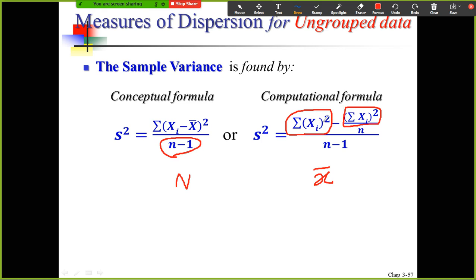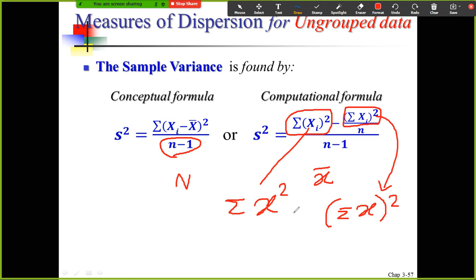For example, you can see this factor should come from x square, and then add all x square together. By looking at this factor, it should be x, but add all these values together and then take a square.